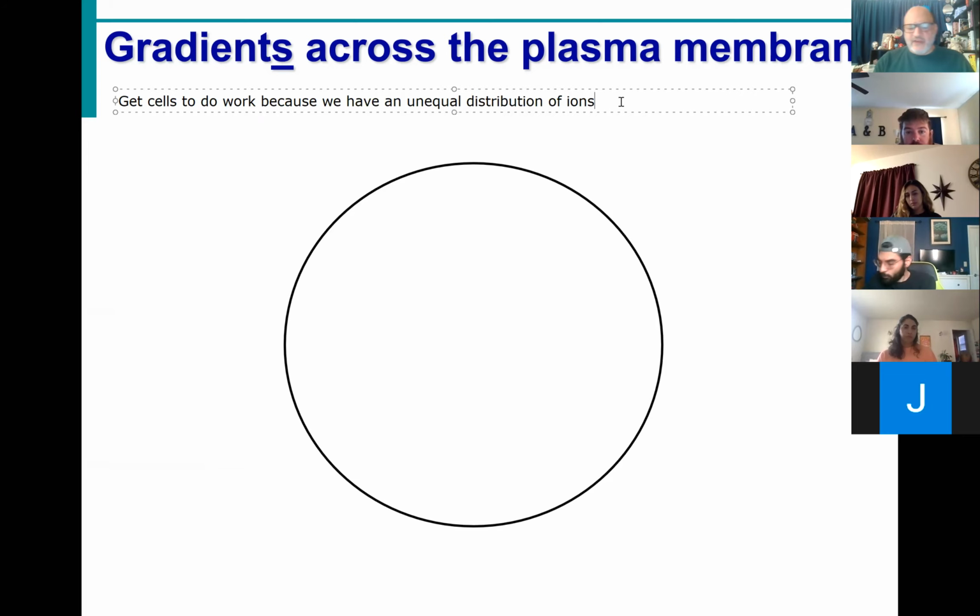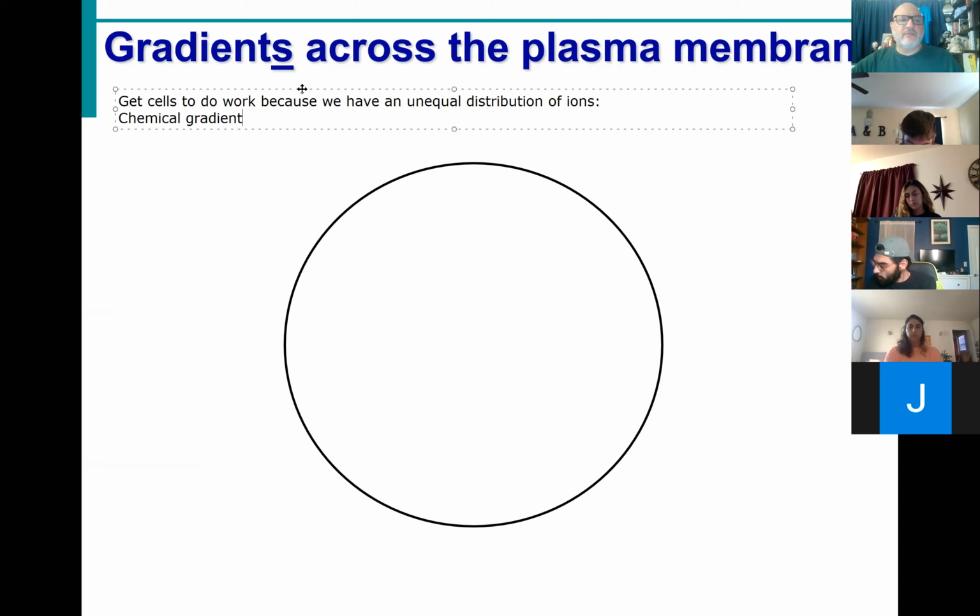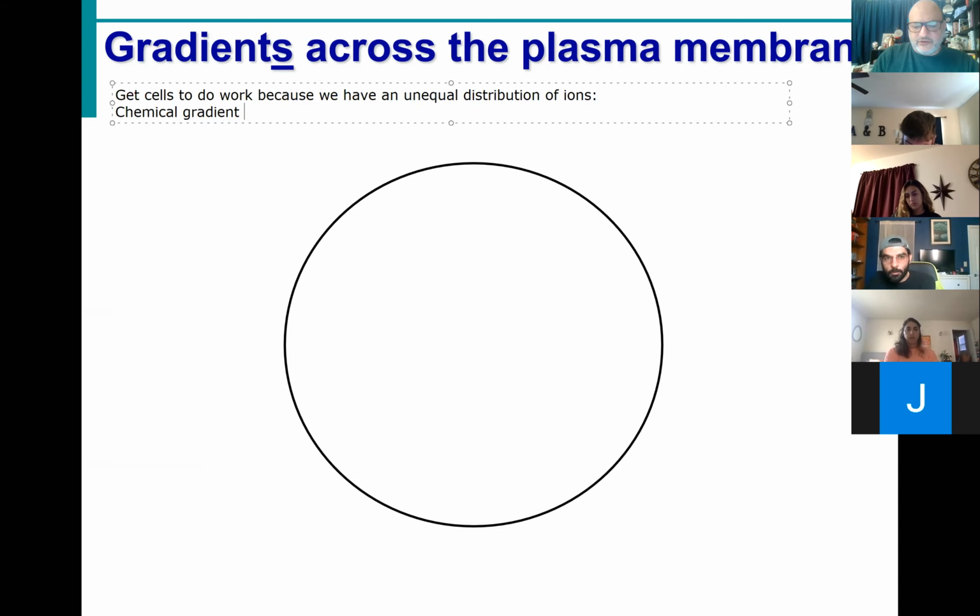And we can give a fancy name to this. We can say it is a chemical gradient. And it produces a chemical force.